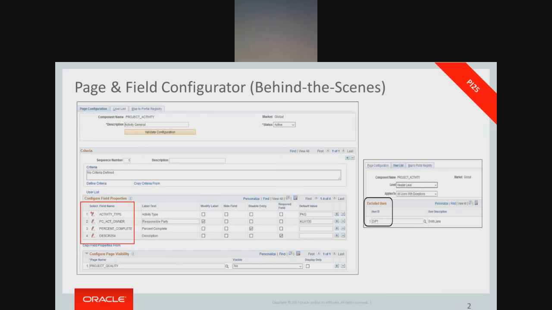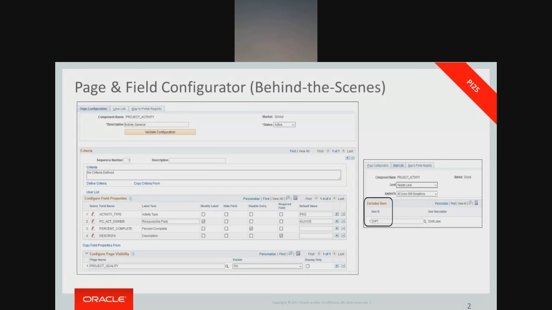So here's our activity type field at the top, number 1. And what you can see is right here, we put in PKG as a default value. And that was it. We just added the field, typed in PKG, and now we have a default value for that field.